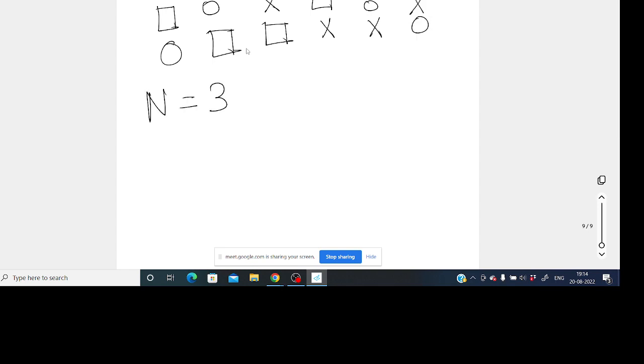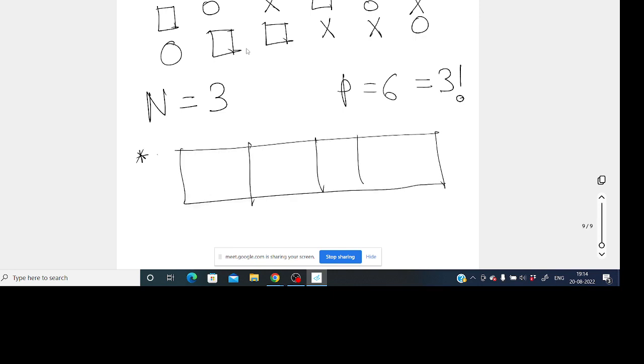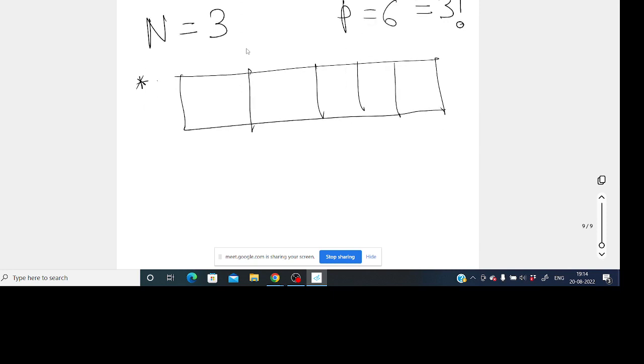If n equals 3, you have 6, which is 3 factorial actually. So let's say there are n particles and you have n positions like this. You have to fill any one of them. For the first particle, how many ways can you fill? N, right? You can choose any one of them. Clear?